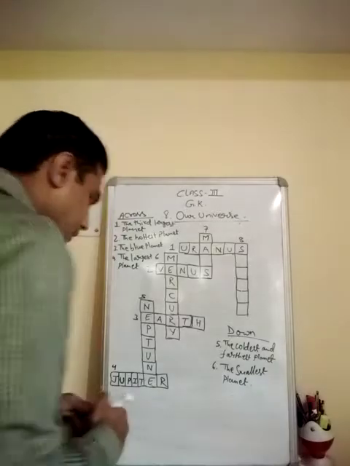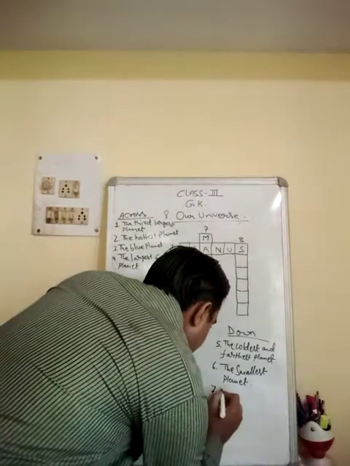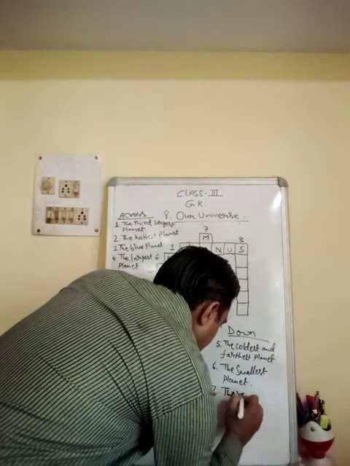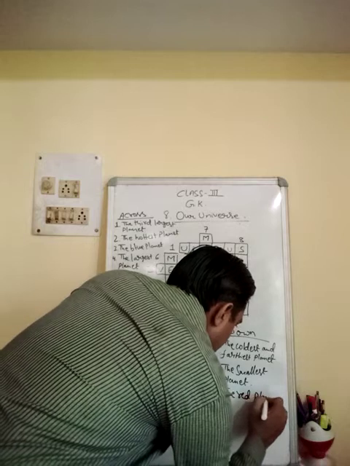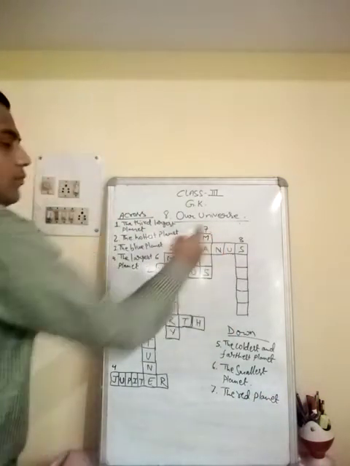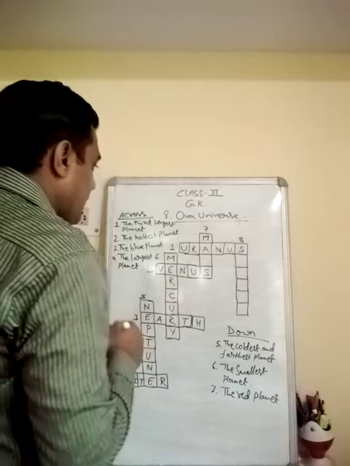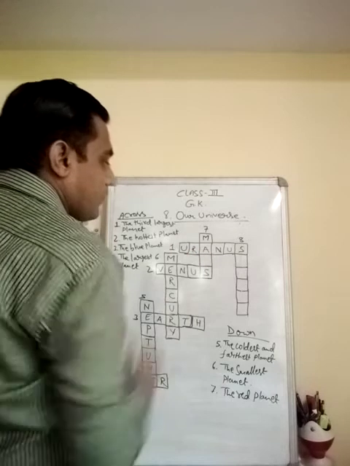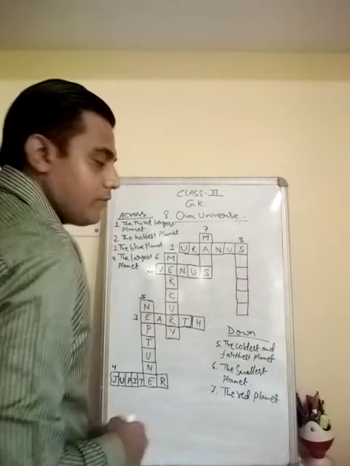Now let's look at number 7. The red planet. Number 7. M was there to help us out. A we already got from number 1, and S we got from number 2.